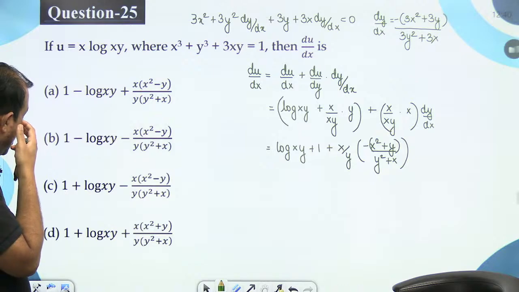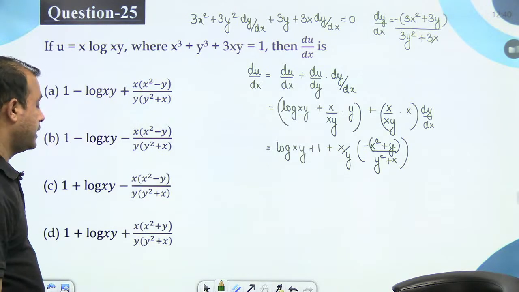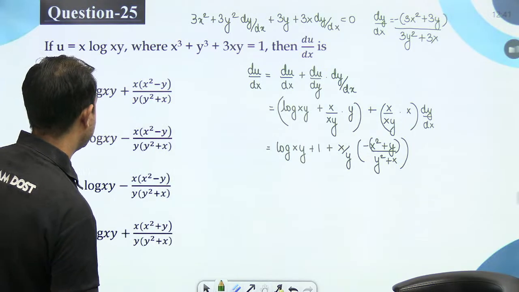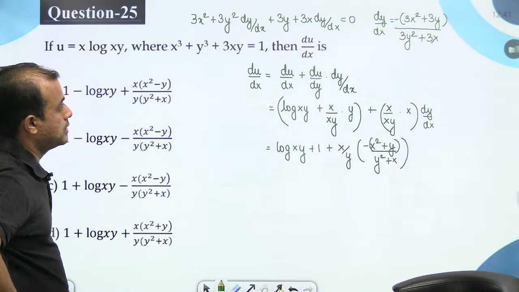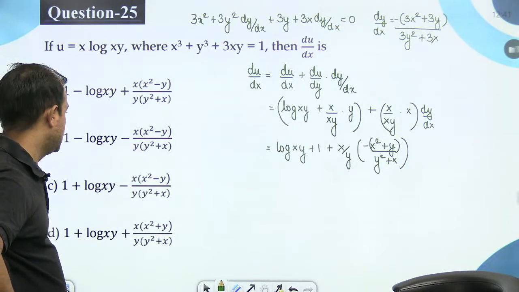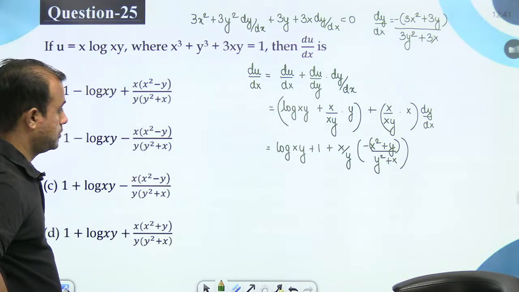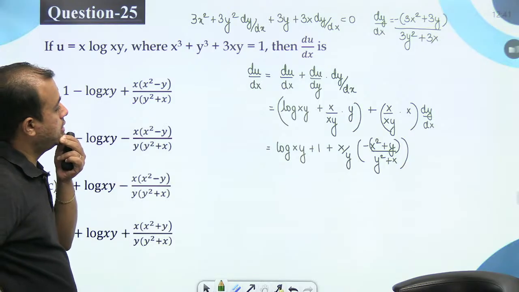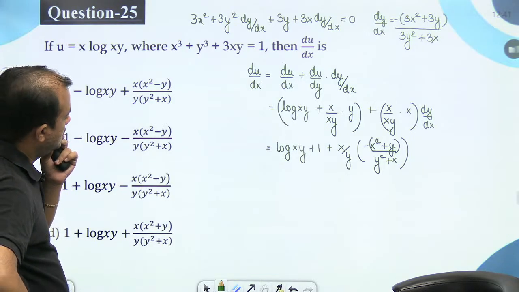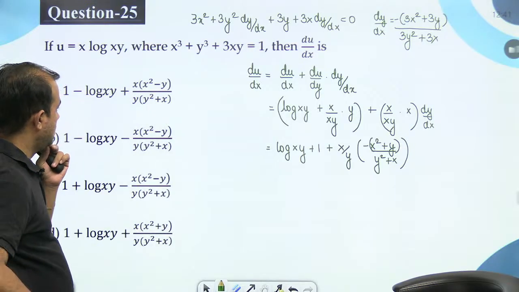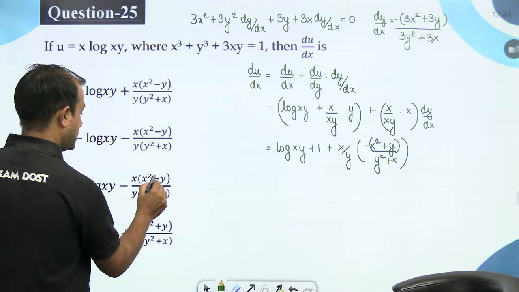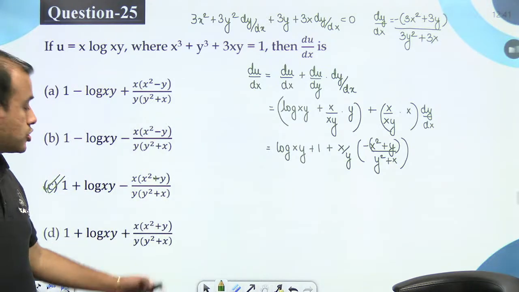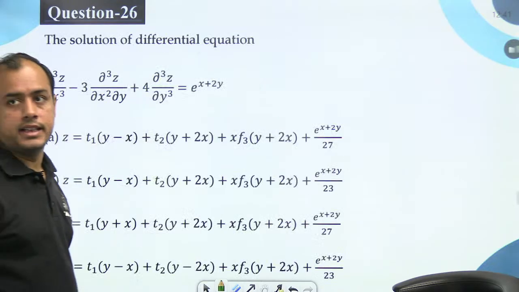So 1 plus log xy minus x square plus y upon y square plus x minus x square plus y. Plus will come, so it's minus only. यार ये प्लस आना चाहिए था, तब सी आ जाएगा. Okay, this should be plus and then the answer should be C.